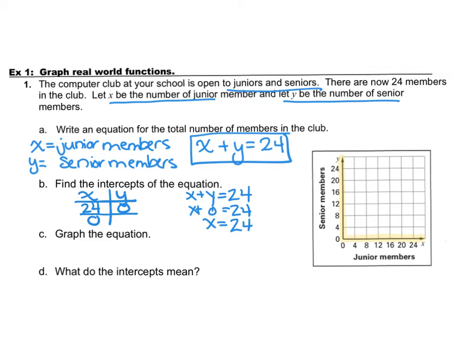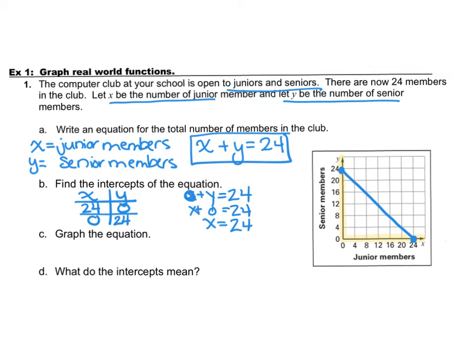Now when x is 0, y is also going to be 24. So what we have here is 0, 24, and 24, 0. All right, so our y-intercept and our x-intercept. And now we could have anything that is in between.